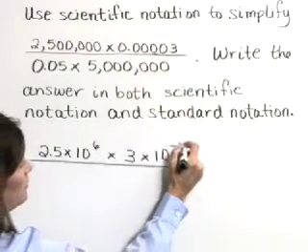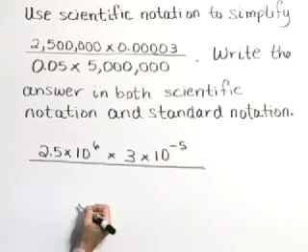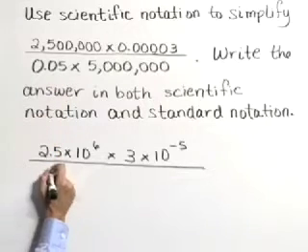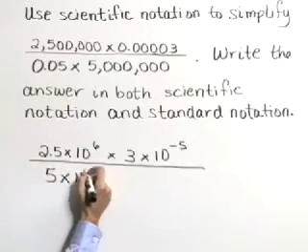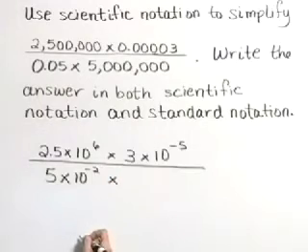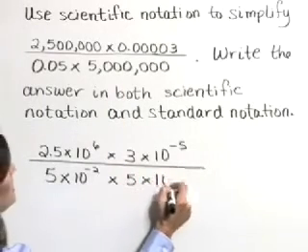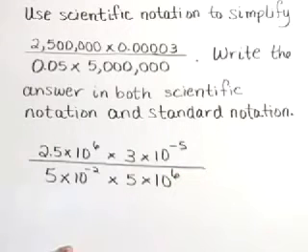That's 5 places, so 10 to the negative 5th. In the denominator, 0.05 is 5 times 10 to the negative 2, and 5 million is 5 times 10 to the 6th power.